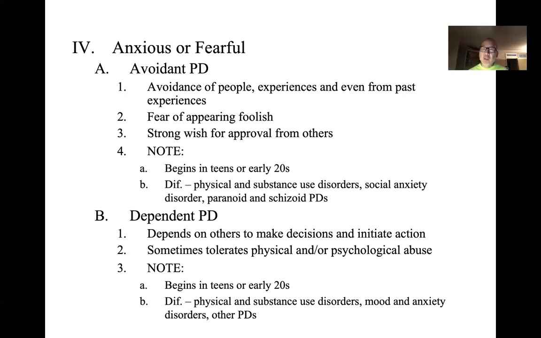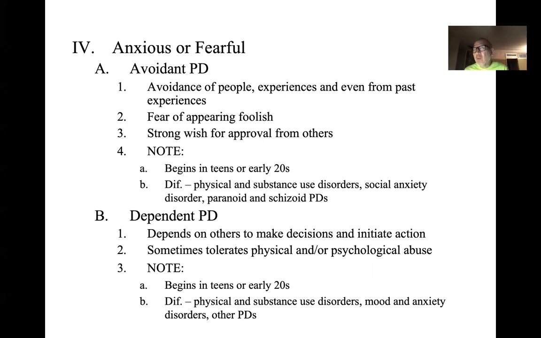Dependent personality, another disorder in this third category of anxious or fearful disorders, is characterized by dependence on others for their approval, but it goes even further. Looking to others to help them make decisions and initiate action. It's as if the person needs almost a parental permission or assistance. So people like this will often turn to coworkers, friends, for help making decisions.